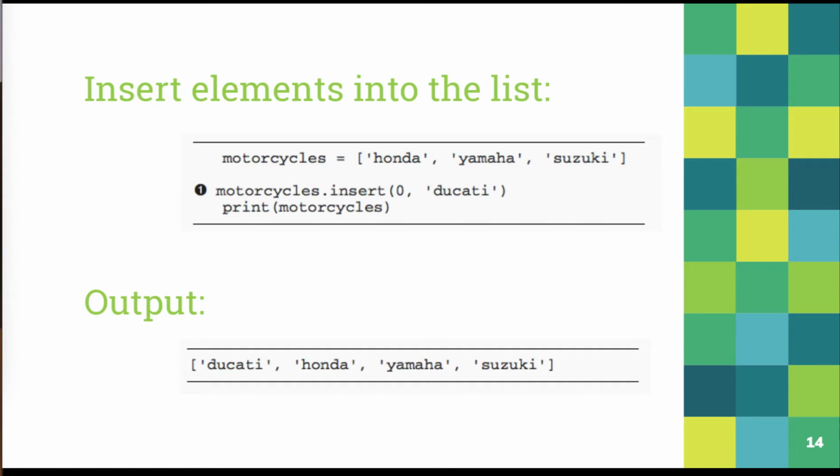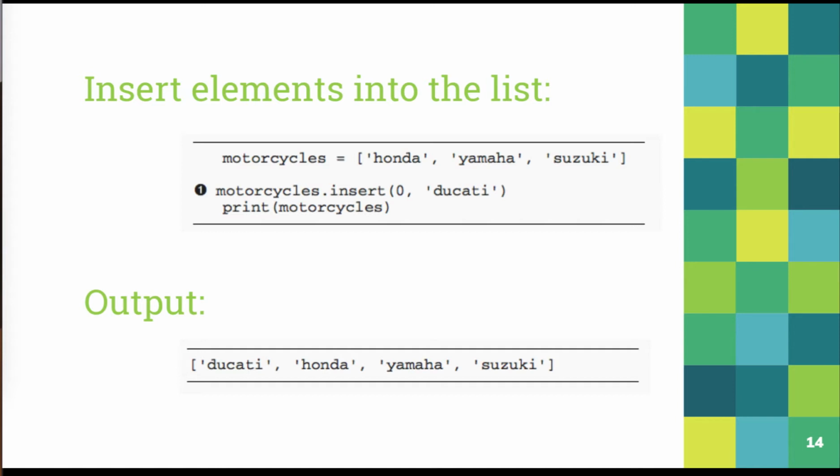This is called insert. So I have an existing list, you see in the first line there. And then at point 1, I'm going to use my new method, insert. And notice the syntax here. The first thing in parentheses is the index where I want to insert it.